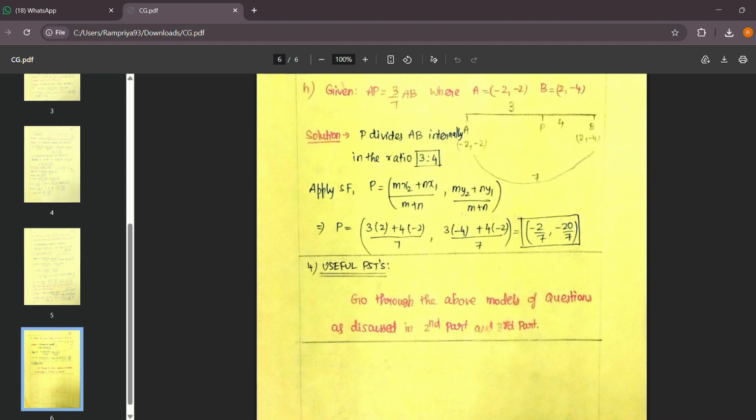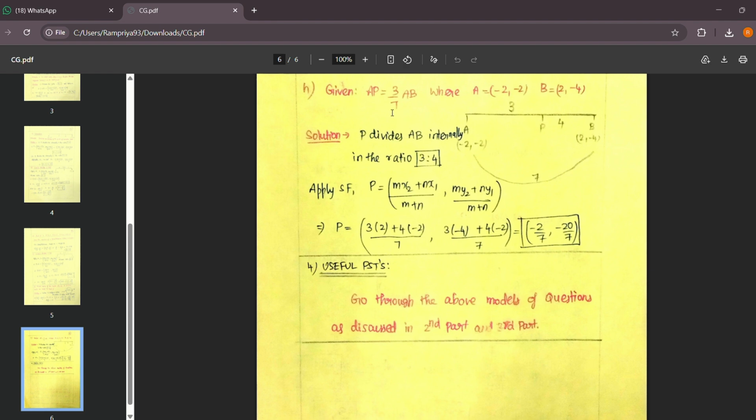And next is the final question, final model. So they will be giving you the AP value. I mean AP equal to 3 by 7 times AB. So then A's coordinate is given, B's coordinate is given. Please understand this question very carefully. I have done this in a very easy way for you guys to understand it better. So you know that AP by AB equal to 3 by 7.